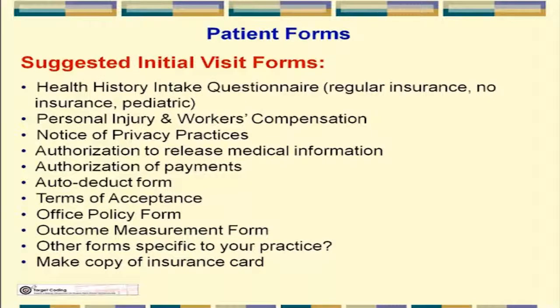Upper extremity problem, give them the DASH form. DASH stands for disability of the arm, shoulder, and hand. Lower extremity problem, give them the lower extremity functional scale questionnaire. And any other forms specific to your practice that I may not have mentioned.